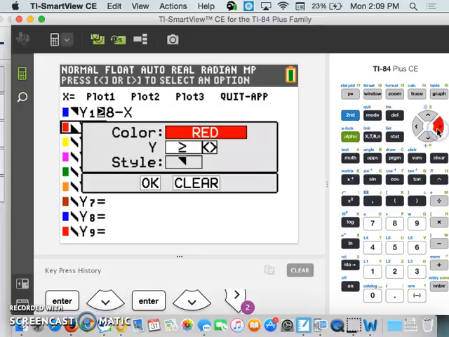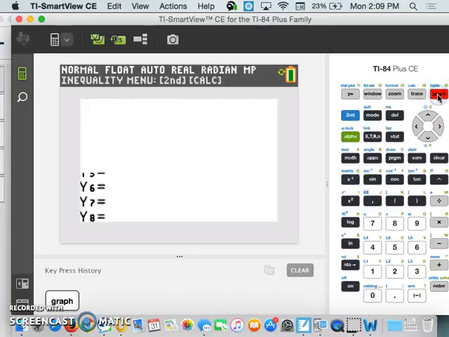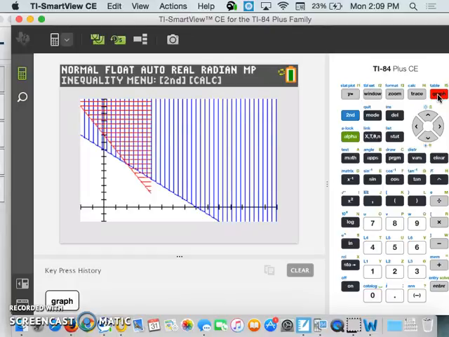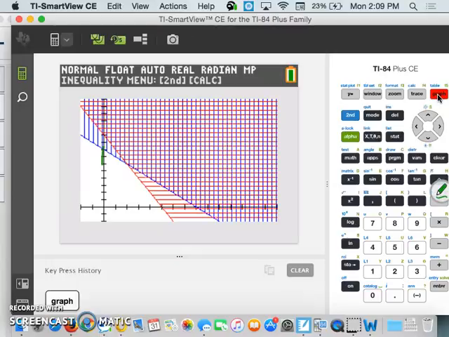Let me show you what that looks like here. Now the non-feasible region is being shaded. So the feasible region is this area right here, very nicely outlined by the axes as well as the blue line and the red line.